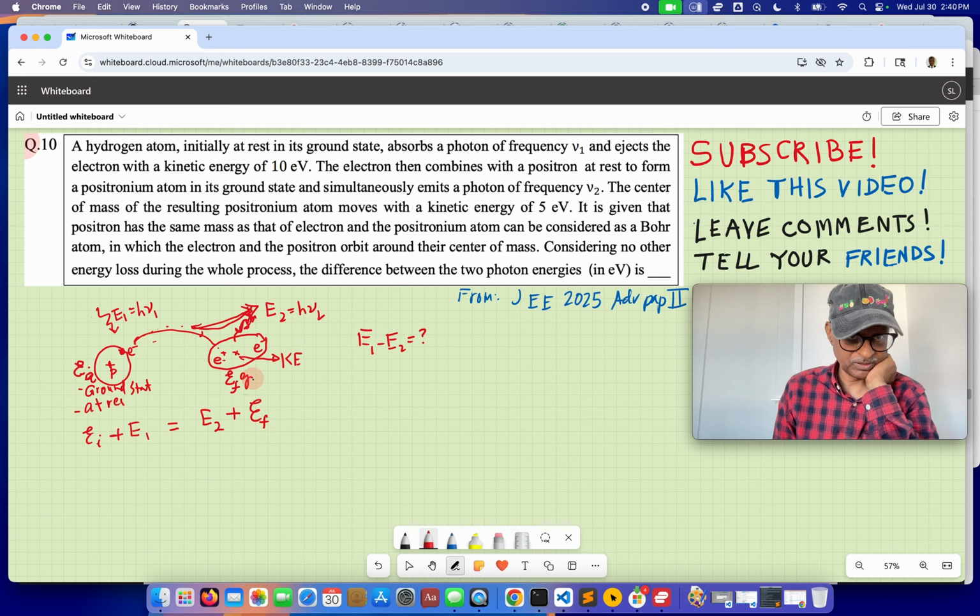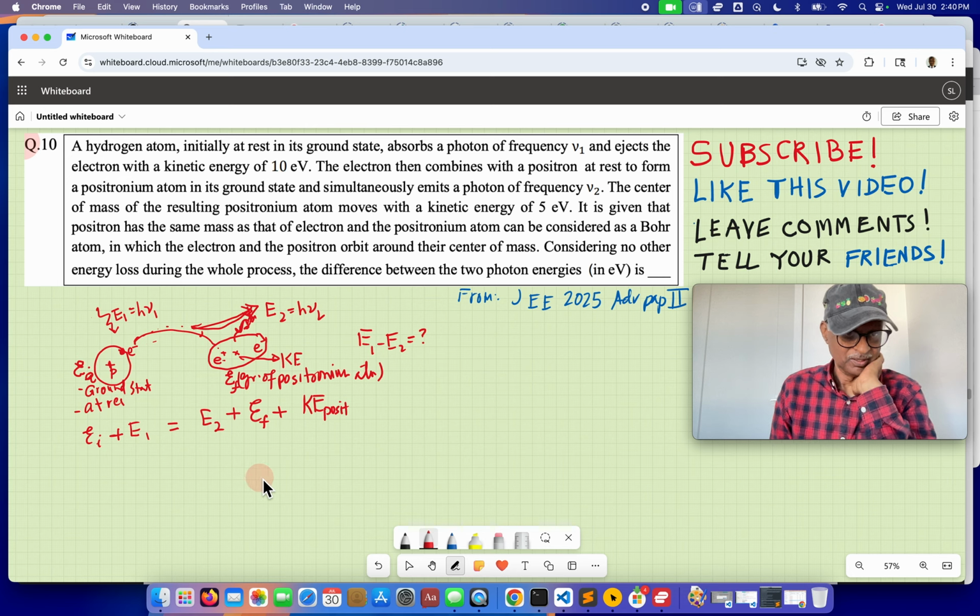This is the ground state of the positronium atom, plus the kinetic energy of the positronium.